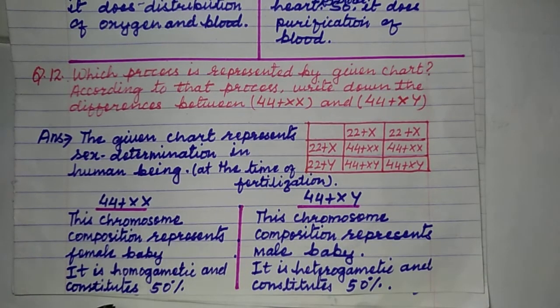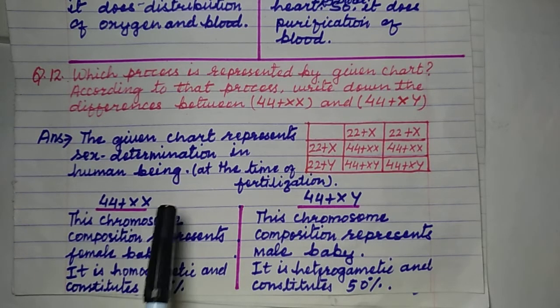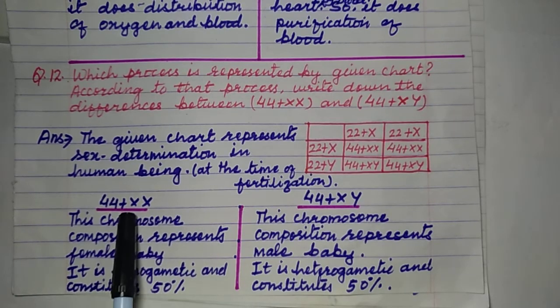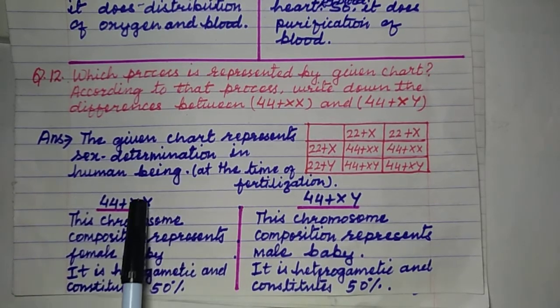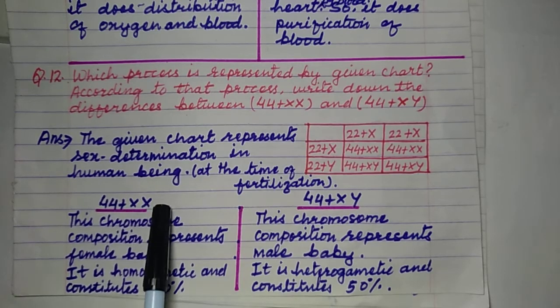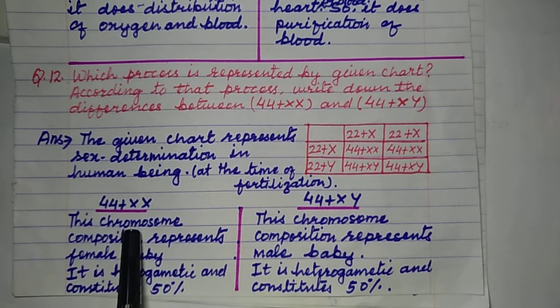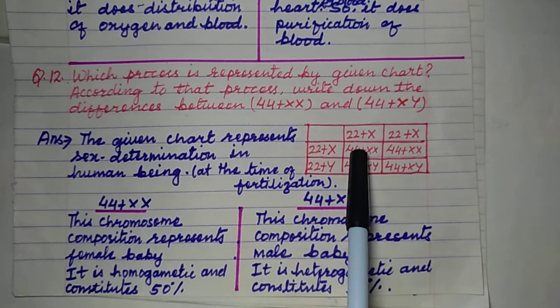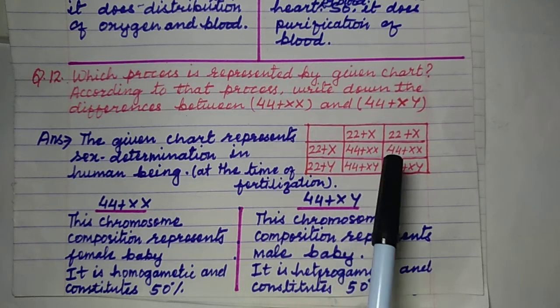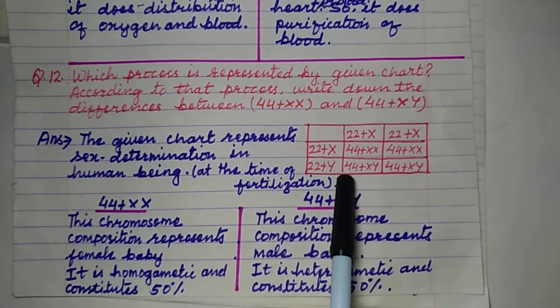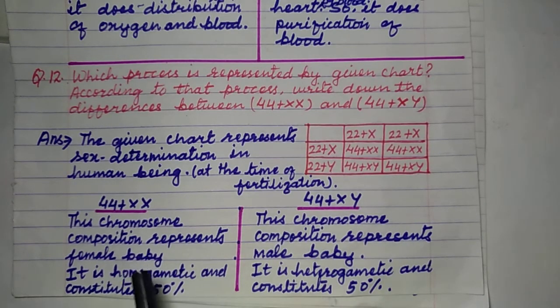44 plus XX, it is homogametic. Females are homogametic because same types of gametes are produced. XX, both are XX. These are sex chromosomes. XX gametes are produced, so homogametic, same. Homo means same, and constitute 50%. Among 4, 2 are 44 plus XX, that is why it is 50%.